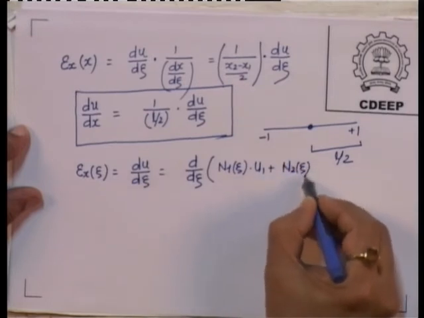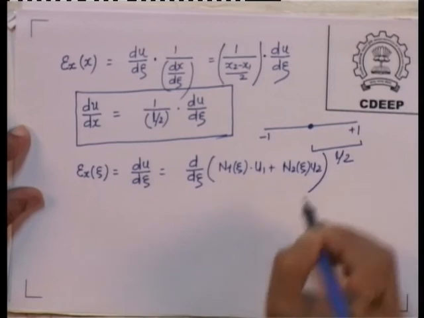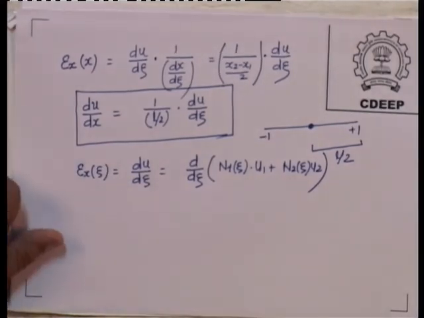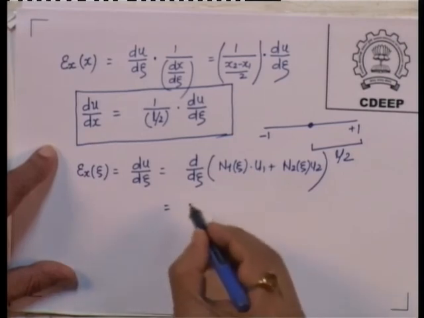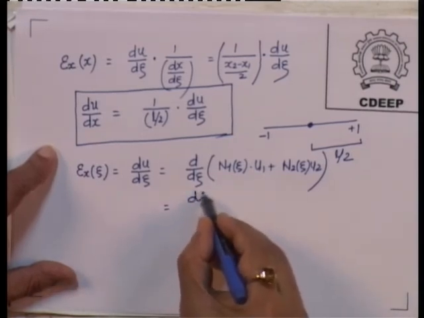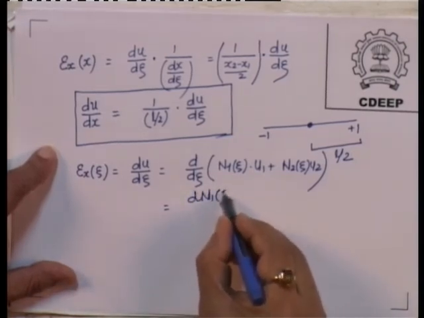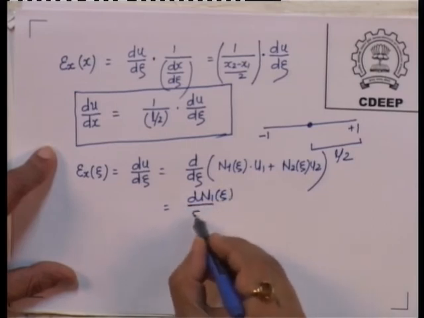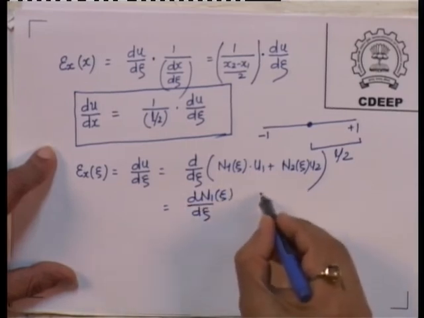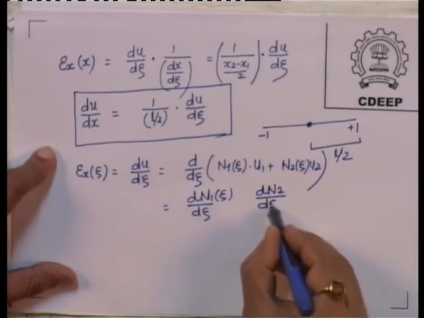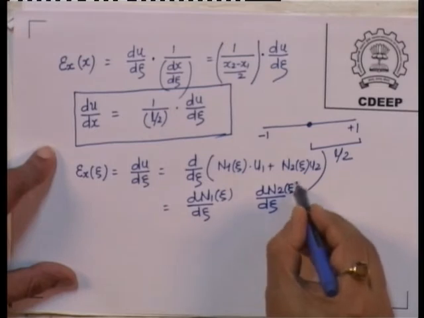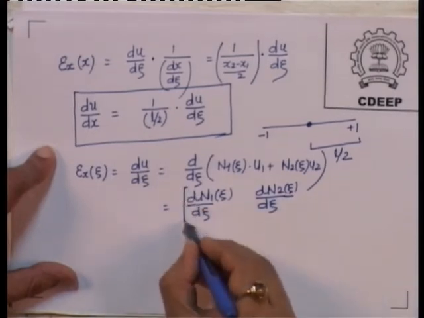So n1 psi u1 plus n2 psi u2, or I can write it like this, as a horizontal matrix.